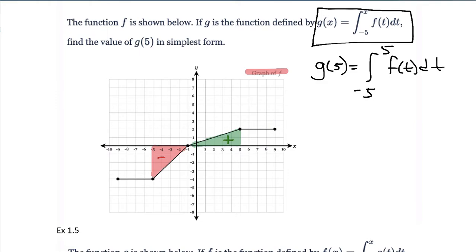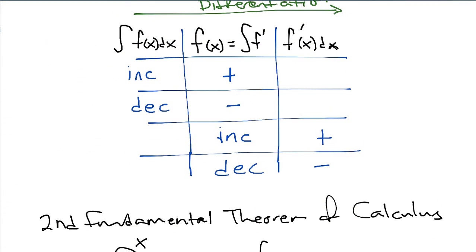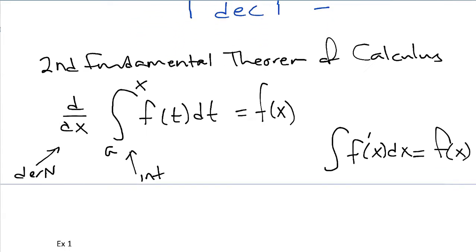That's why the space below the x-axis is really a negative accumulation, and the space above the x-axis is a positive accumulation. Because when you think back up to the chart, we're given this middle column, and when that middle column is positive, the integral would be increasing. If that middle column is negative, the integral would be decreasing.